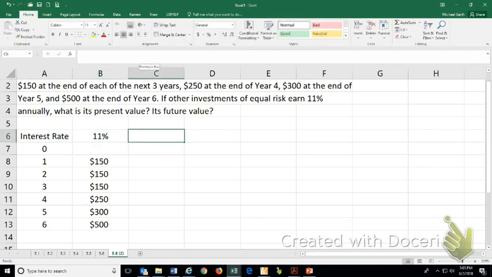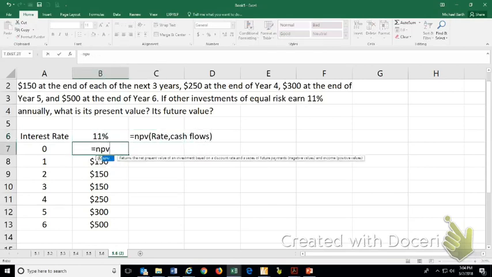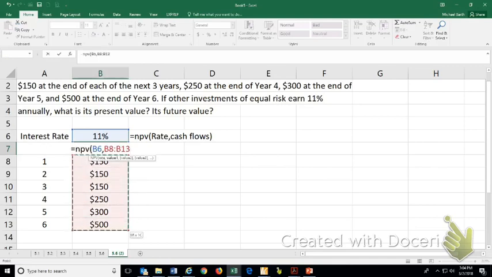The NPV function is laid out as equals NPV open parens rate, that's the interest rate, comma, and then cash flows. So equals NPV open parens rate, comma, and then I cover up cash flows 1 through 6.